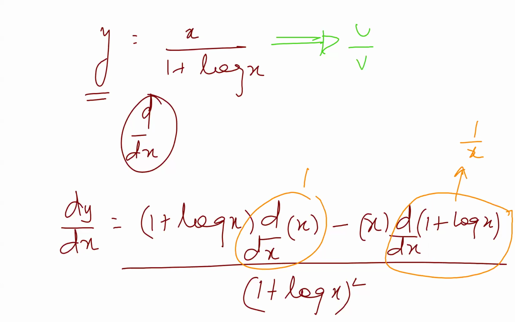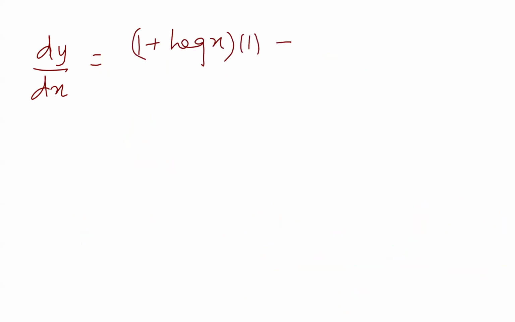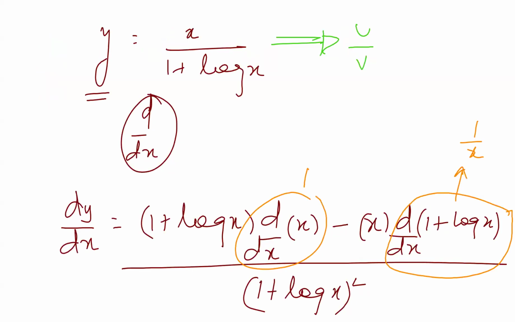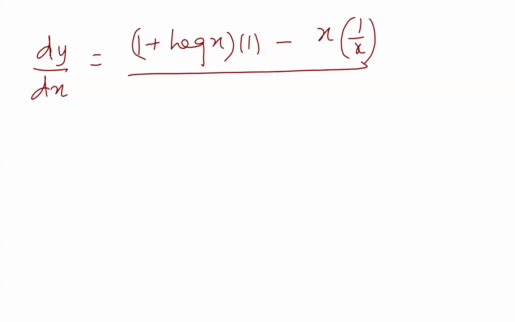So I'll write the next step. dy by dx is equal to (1 plus log x) into 1 minus x into 1 upon x, upon (1 plus log x) the whole square.